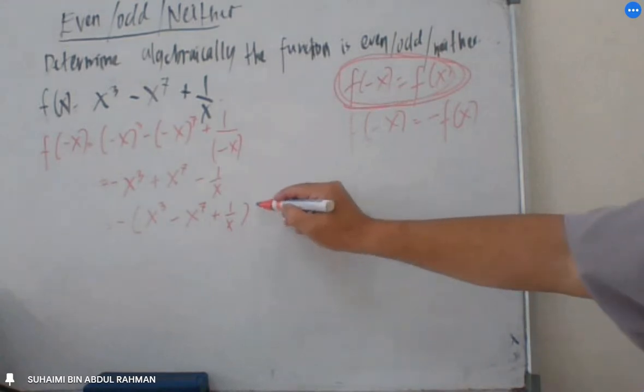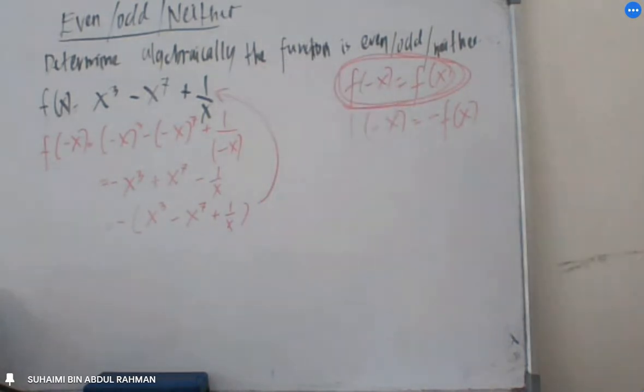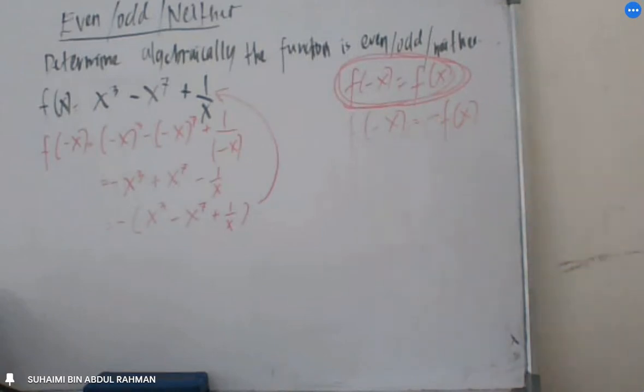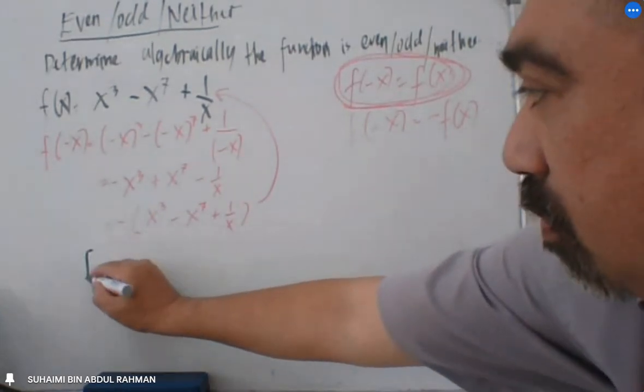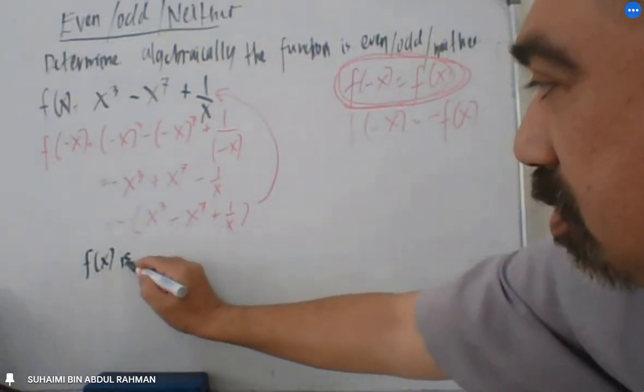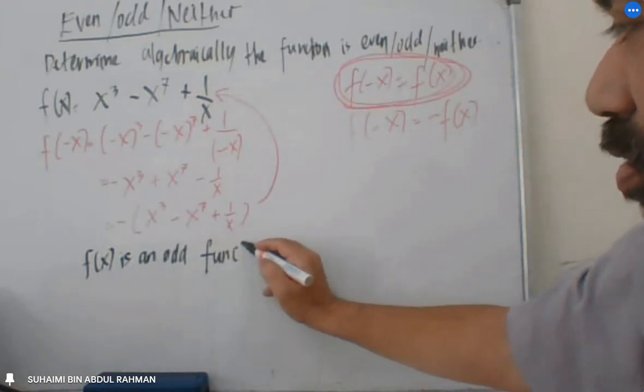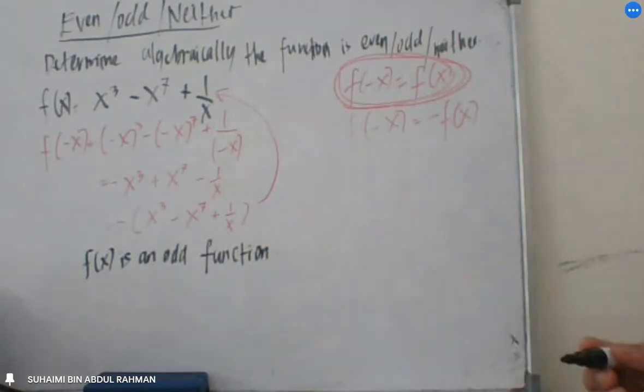And this one is the same as this. Which means that f(minus x) is equal to minus of f(x). And what can we say? This function f(x) is again an odd function.